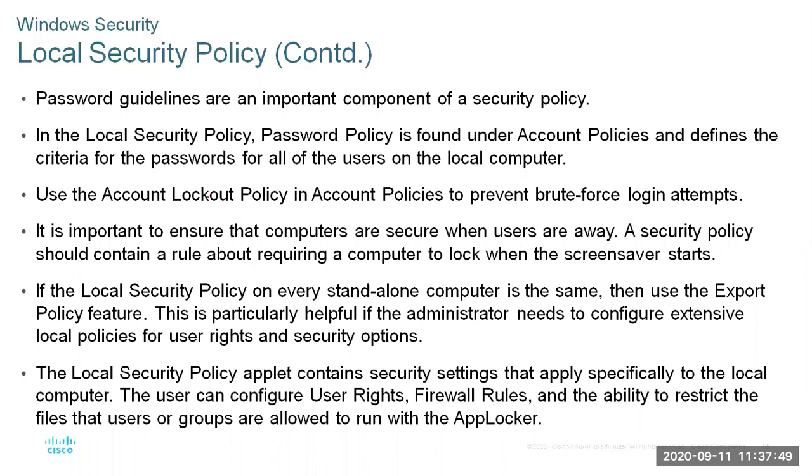In the local security policy, password policy is found under account policies and defines the criteria for the passwords for all of the users in the computer. Use the account lockout policy in account policies to prevent brute force login attempts.